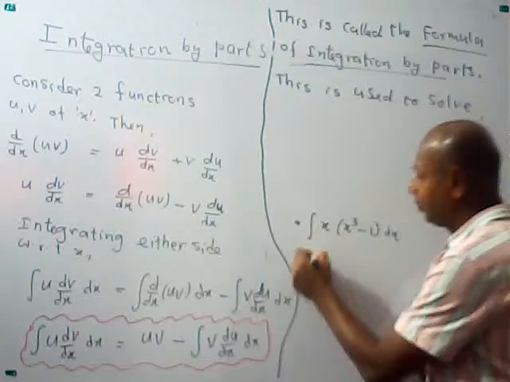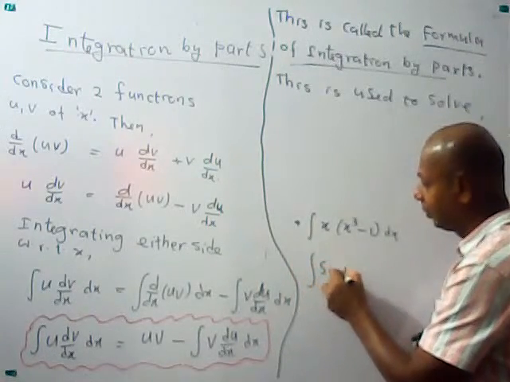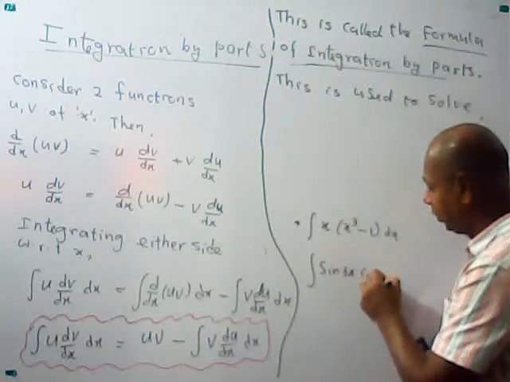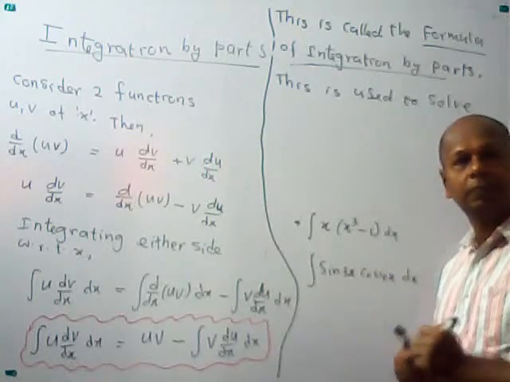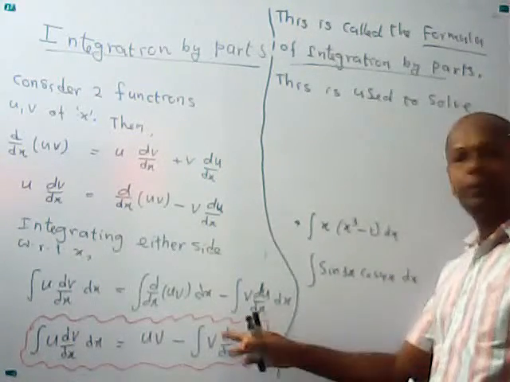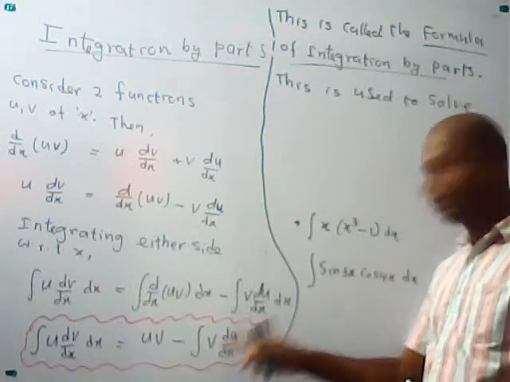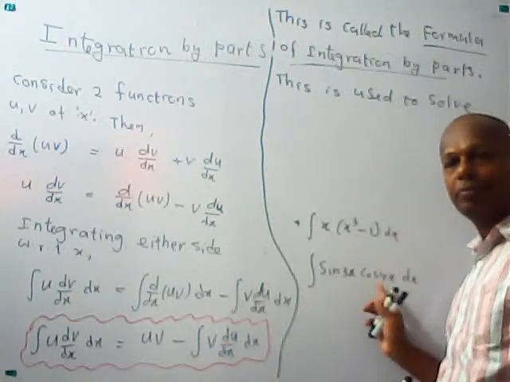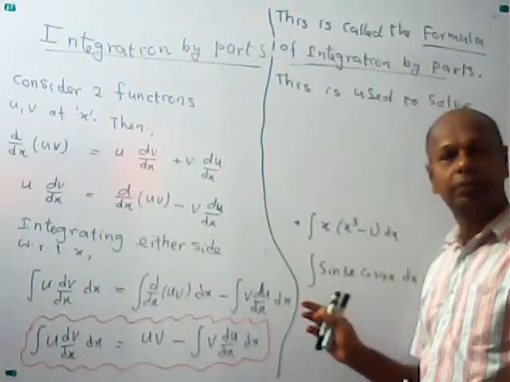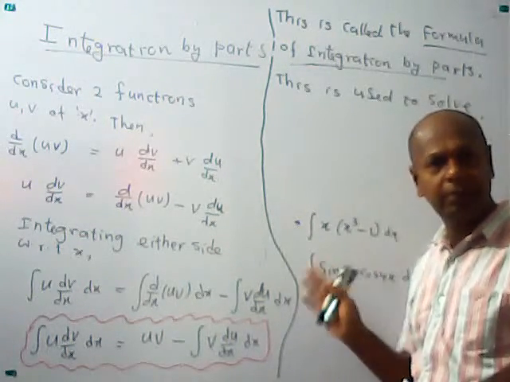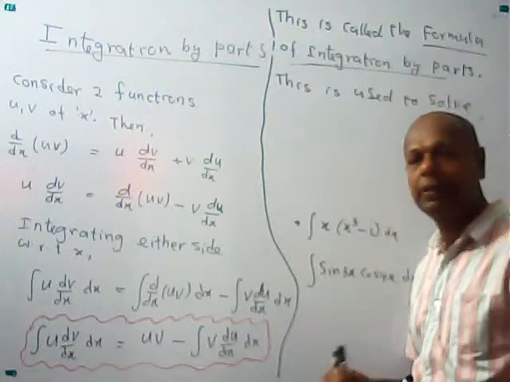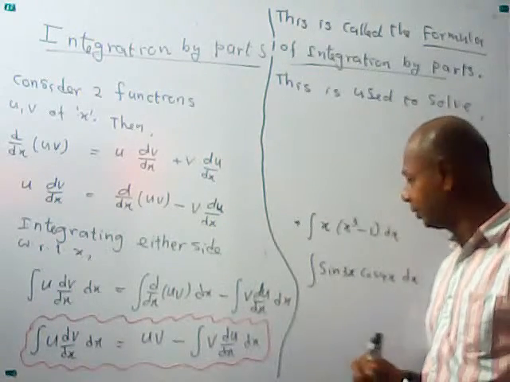Or something like this, say sin 3x cos 4x. Do we need integration by parts? It's again a product, right? Sine and cos product. Still, you don't need it, because we have integrated this at the very beginning, maybe the very first day that we started integration.